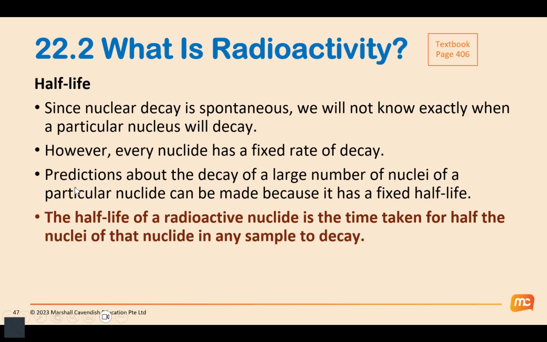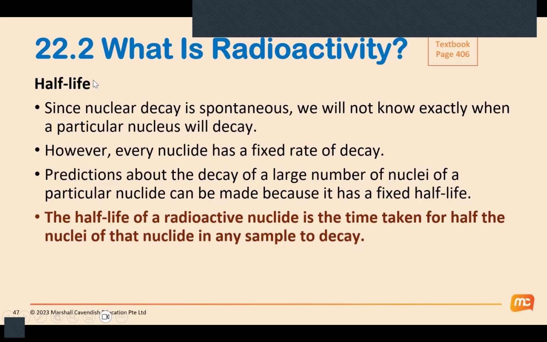Okay, and then there is something. Although we say that nuclear decay is a spontaneous and random process, we do not really know exactly when a particular nucleus will decay. But scientists have discovered that there is actually a fixed rate of decay.